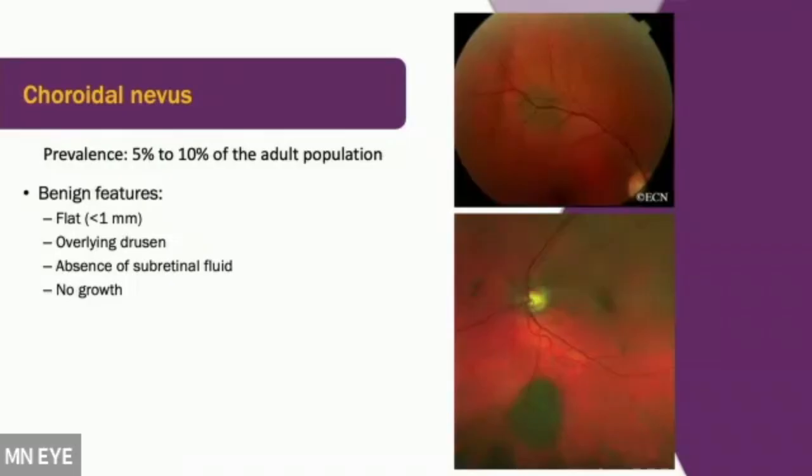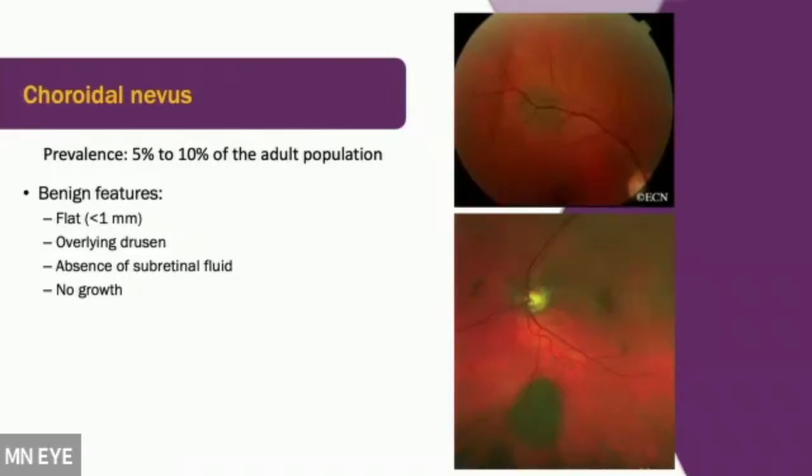So these are the benign features. Probably if we see these, we don't need to jump to conclusions and refer the patient. We can just watch the patient. Flat, meaning less than 1 millimeter thickness. We can look at these mid-peripheral and sometimes even peripheral lesions with the OCT, even if we don't have a B-scan ultrasound.